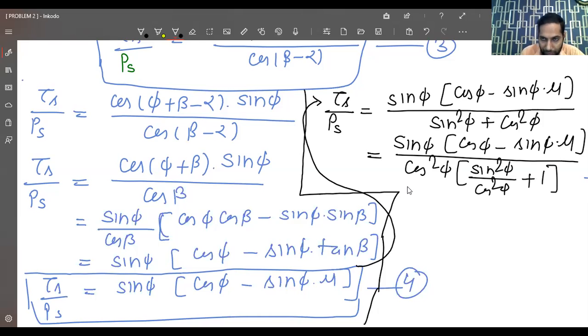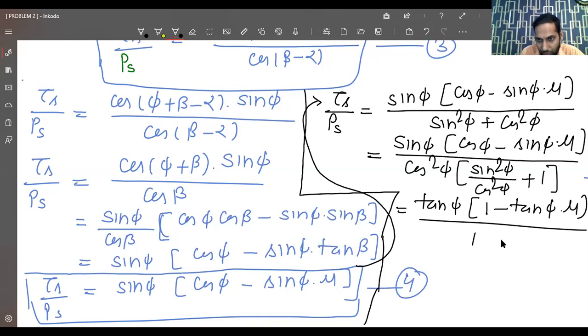Okay, if I take cos phi from this section outside, so cos phi to cos phi cancel out, so it will become sin phi over cos phi. This is tan phi into 1 minus tan phi mu over 1 plus tan square phi.